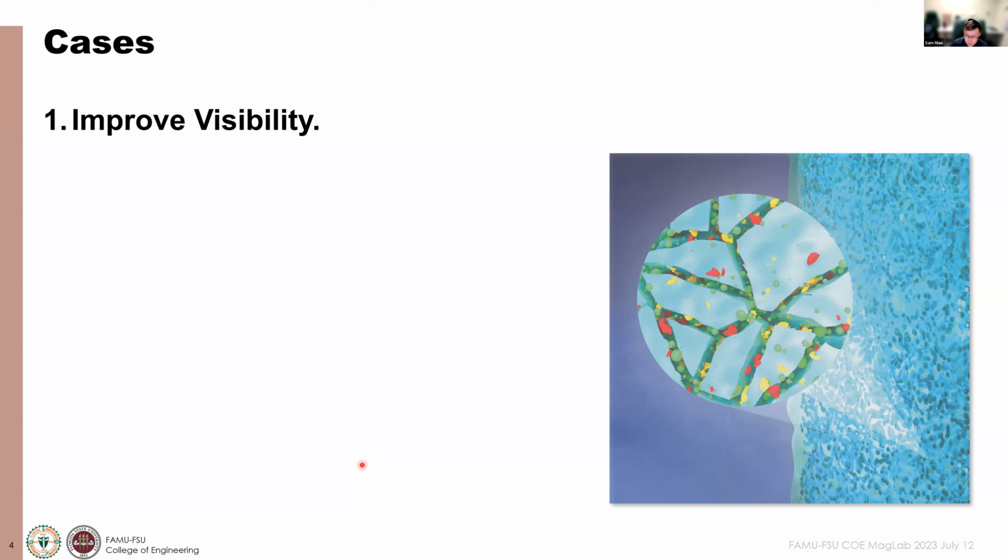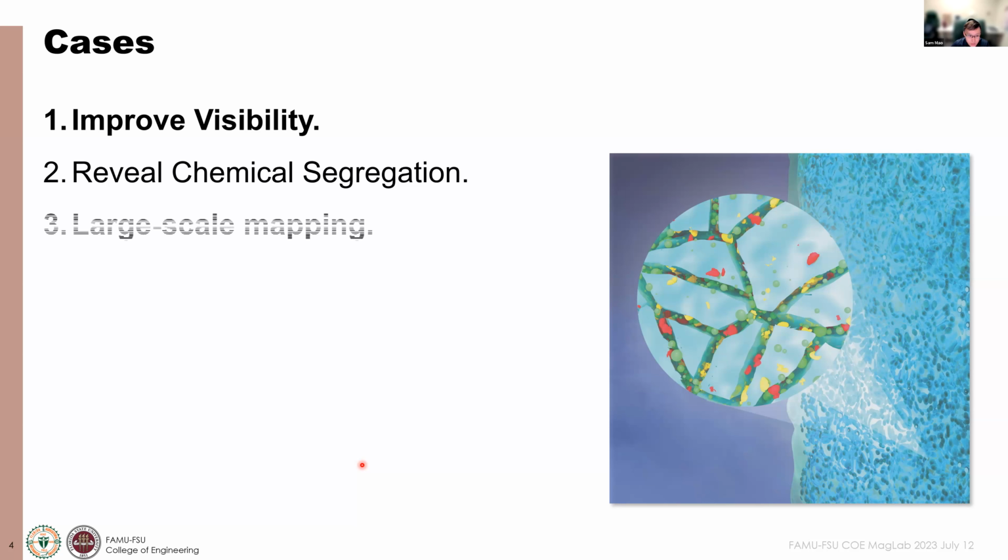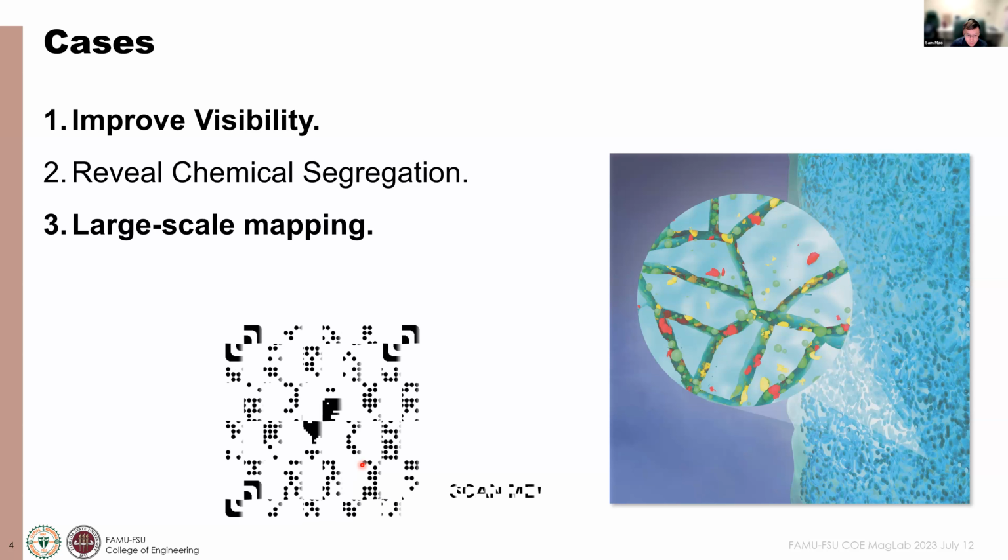On the right is a cover page published during COVID using this method. We'll show a few cases on chemical segregation using unsupervised machine learning, coupled with the increasingly popular montage large-scale SEM or STEM mapping.